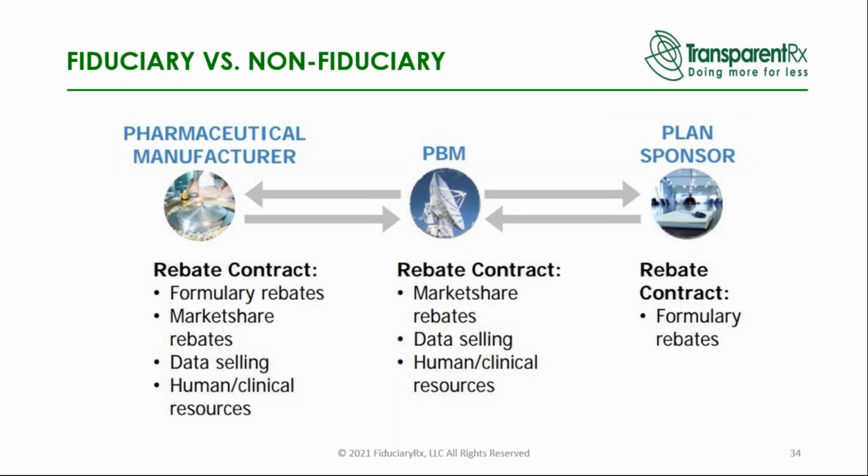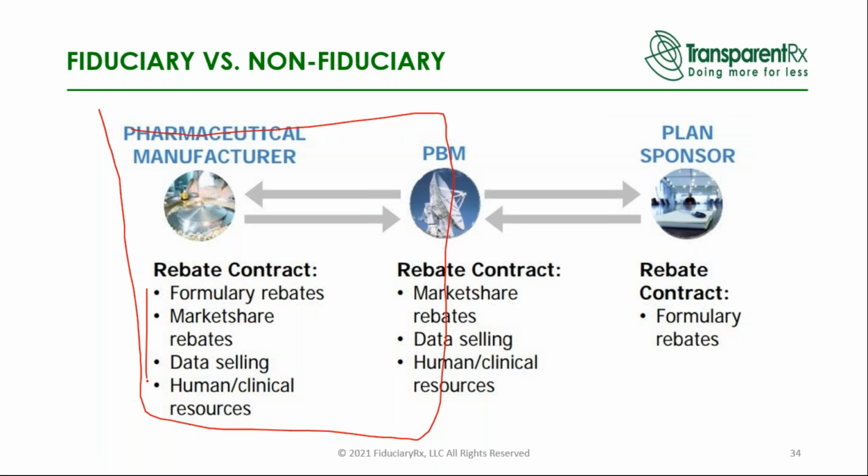In this example slide here, this is the negotiating that they talked about between the PBM and the manufacturer. All of these rebates here are negotiated between the PBM and the manufacturer.